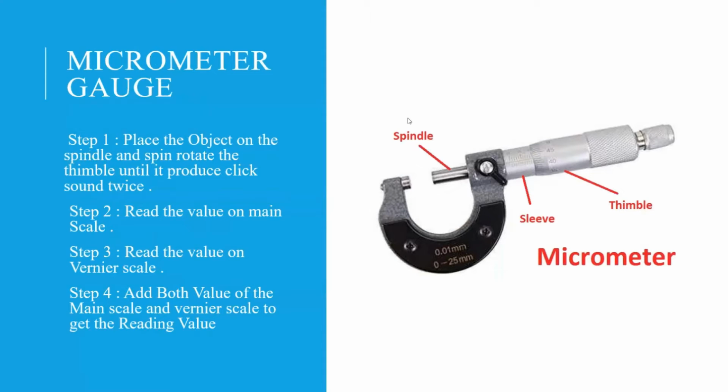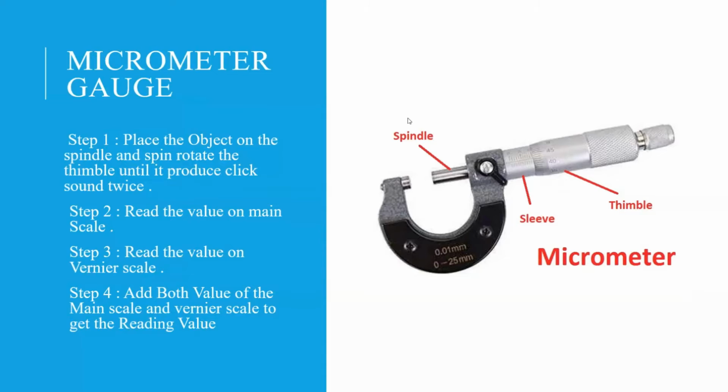The next instrument is micrometer gauge. Step 1. Place the object on the spindle and rotate the thimble until it produces a click sound twice. Do not exert too much force, if not it will not become accurate.